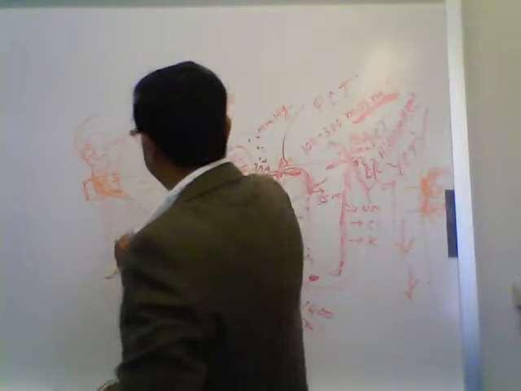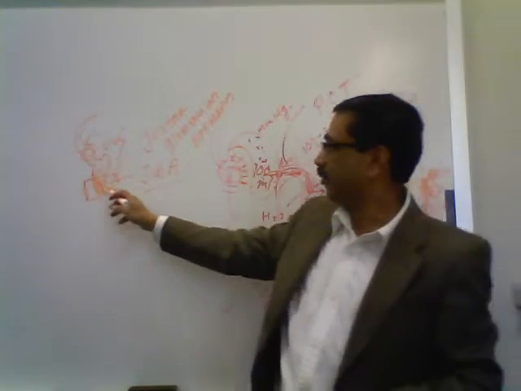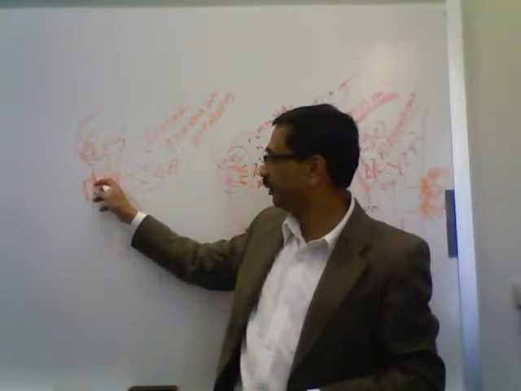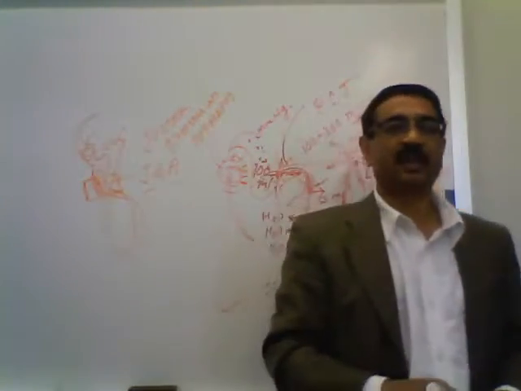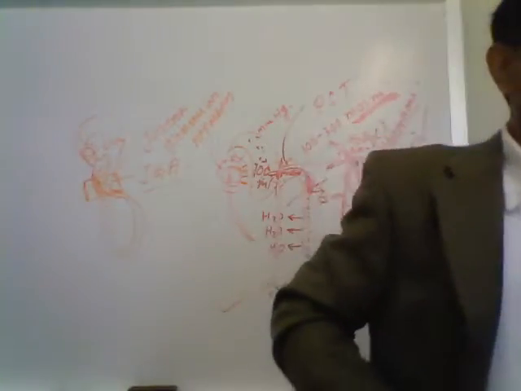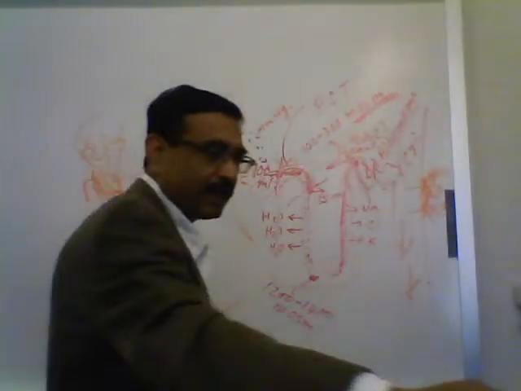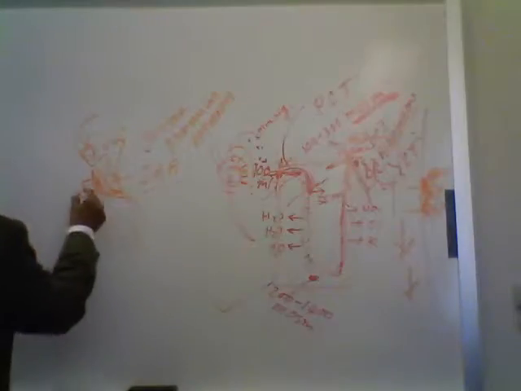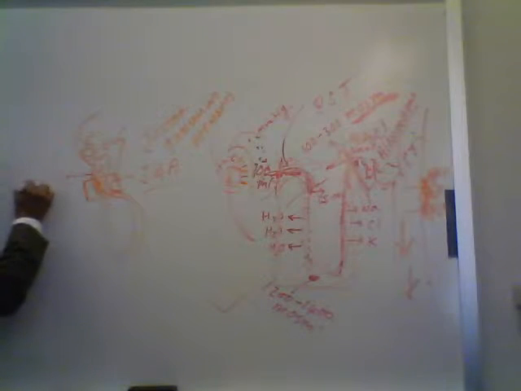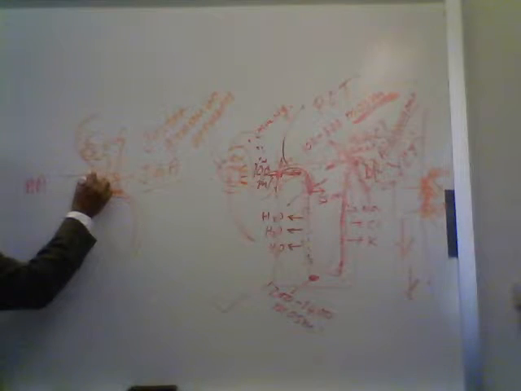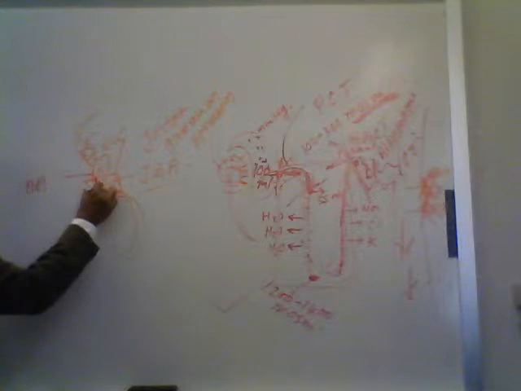Afferent arteriole and the distal convoluted tubule. Now, if you see the wall of the afferent arteriole here, in the wall of the afferent arteriole, you have highly specialized cells only in this part, in the juxtaglomerular apparatus part.